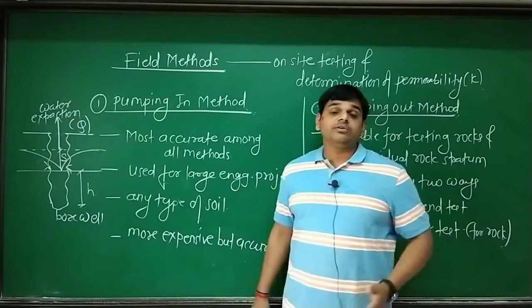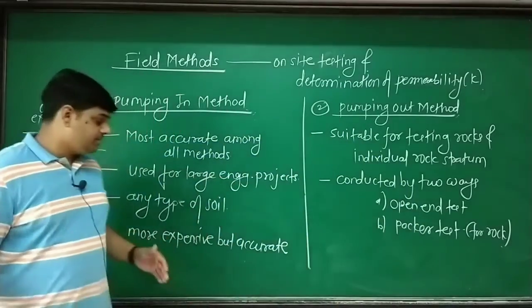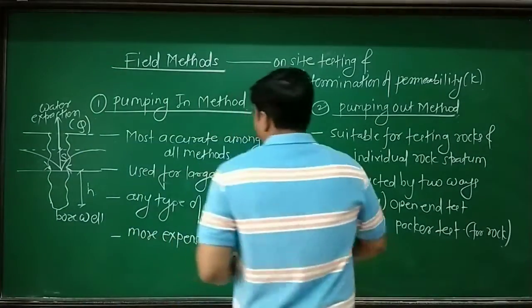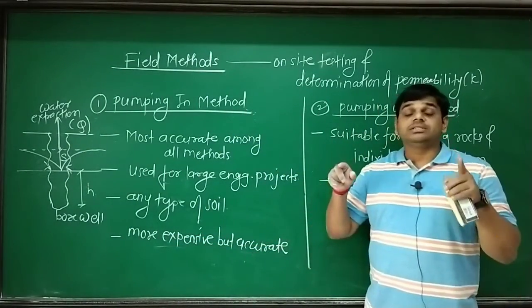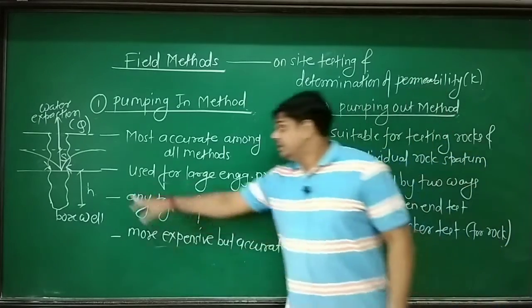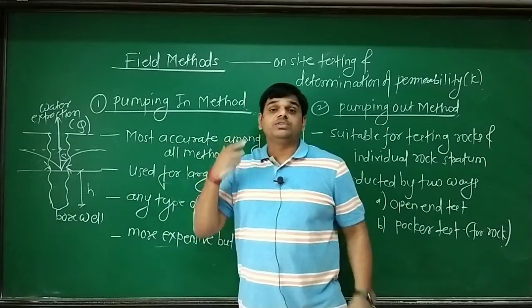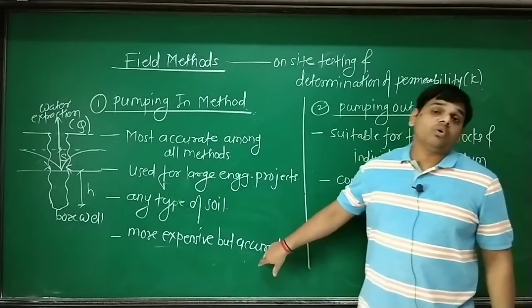This method we will discuss in detail later on. Now let's move to the next method. One more point about this pumping in method: it is the most expensive method because the setup required for digging the bore well and for the extraction of water is very expensive and time consuming, but the results are more accurate.